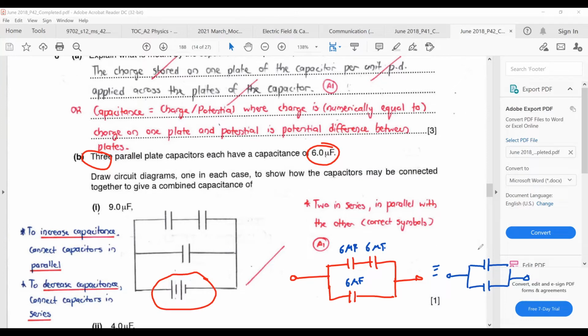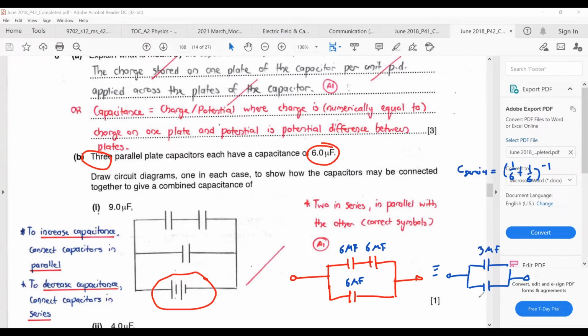So when you add it out, if it is talking about capacitance in series, this one will be (1/6 + 1/6)^-1. It's actually just going to give you 3.